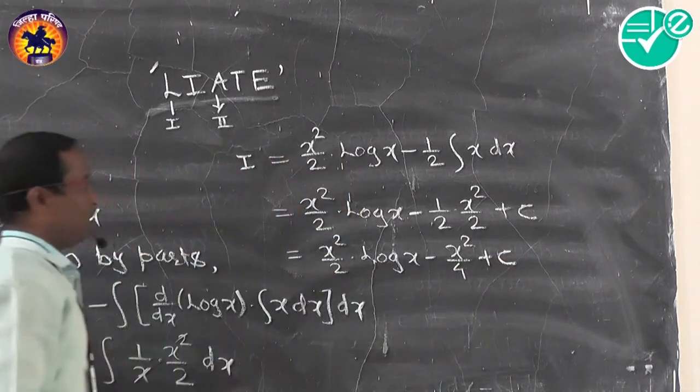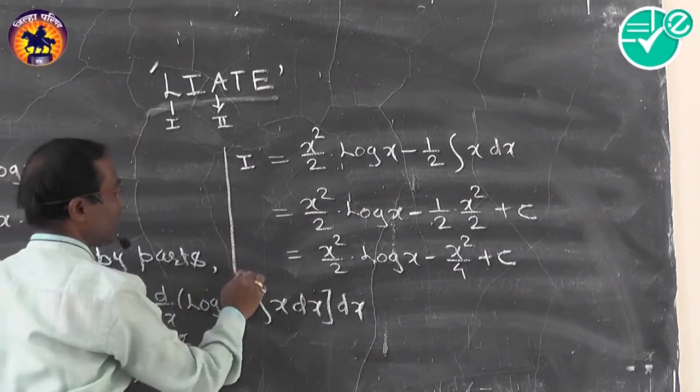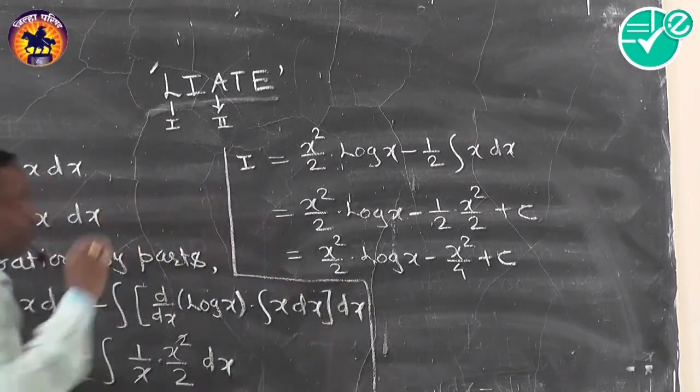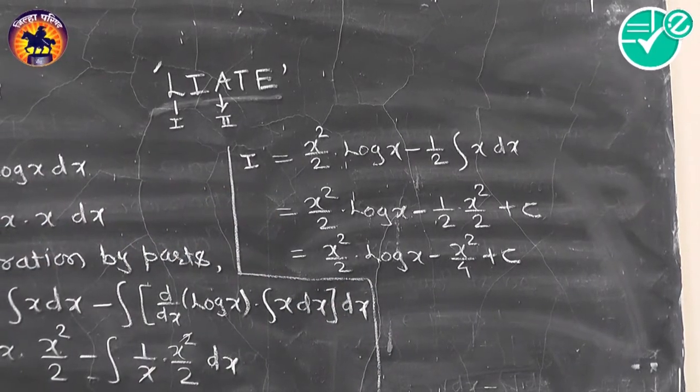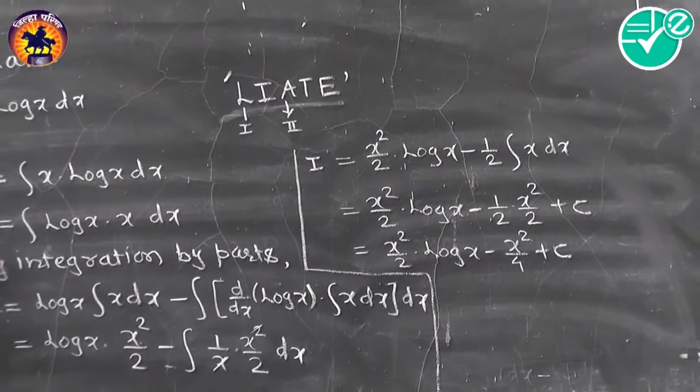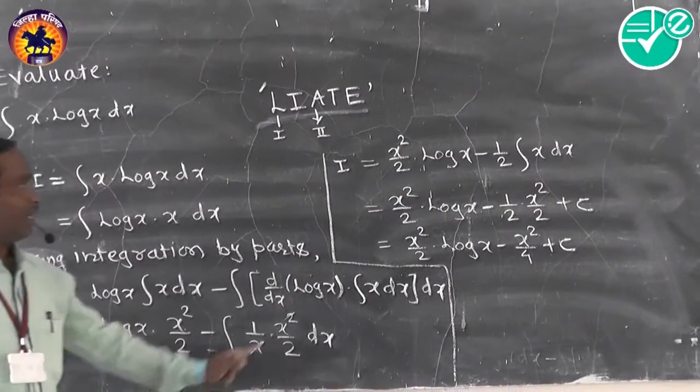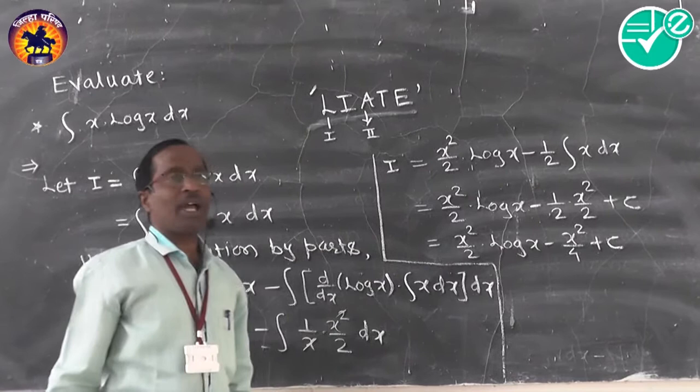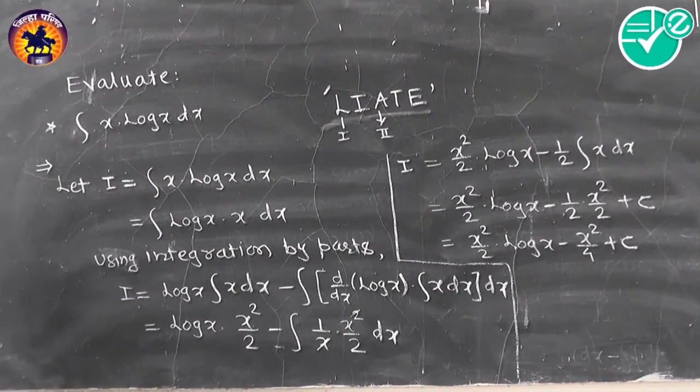So this is the solution of this example. The integral of x into log x dx is x square by 2 into log x minus x square by 4 plus c.